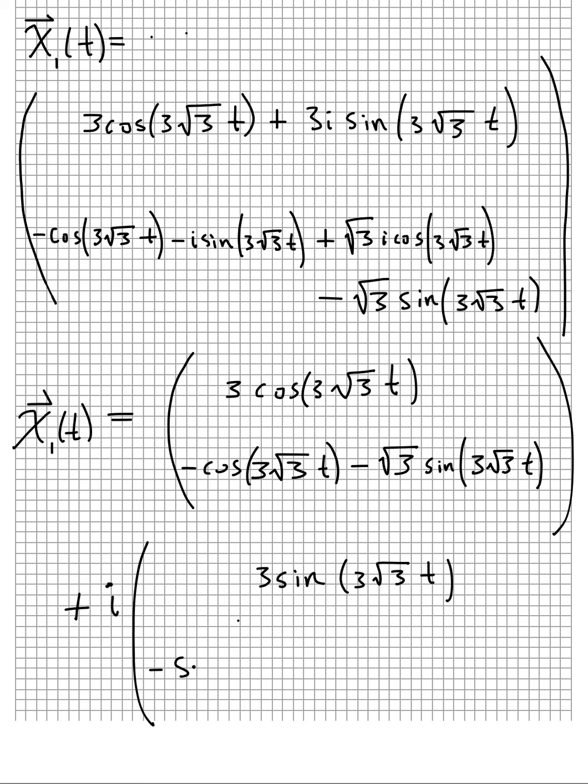That's going to be minus sine 3 times root 3 times t, plus root 3 cosine of 3 root 3 times t, and then close, close.